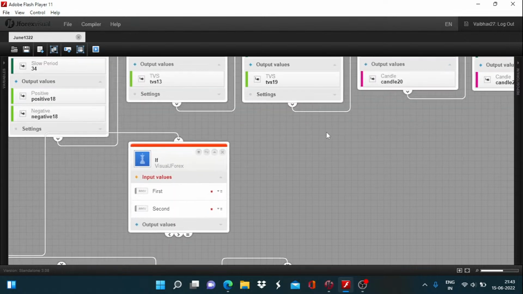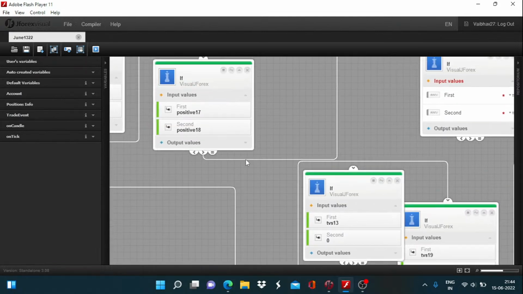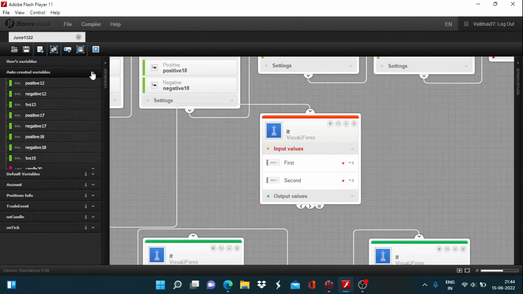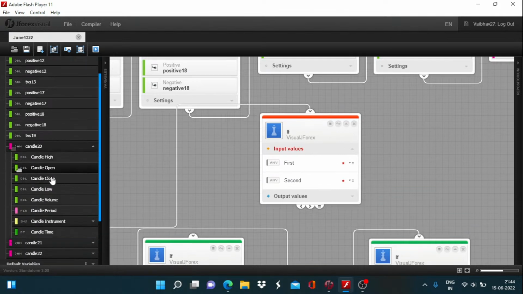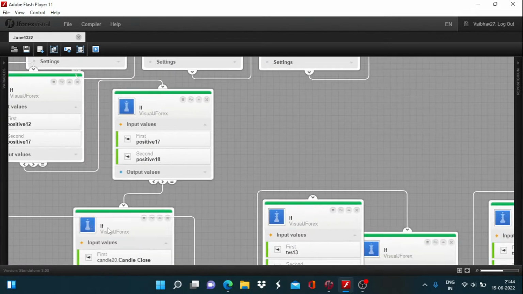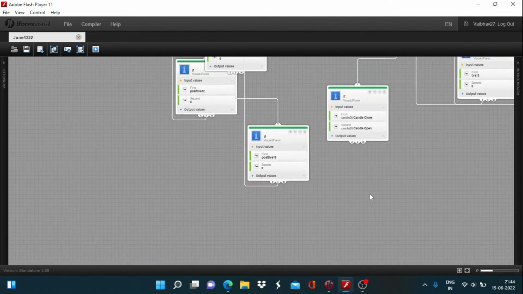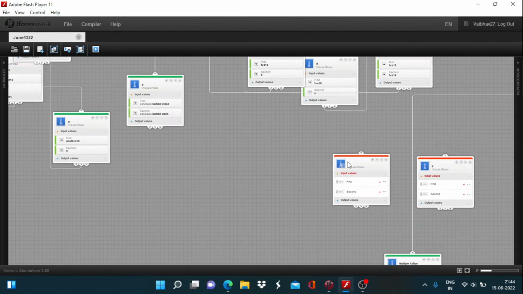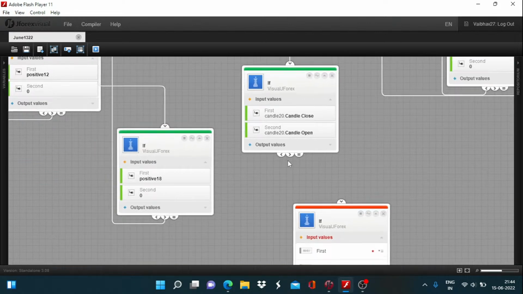So we need to consider the candle 20's closing and opening price. First input less than second input.